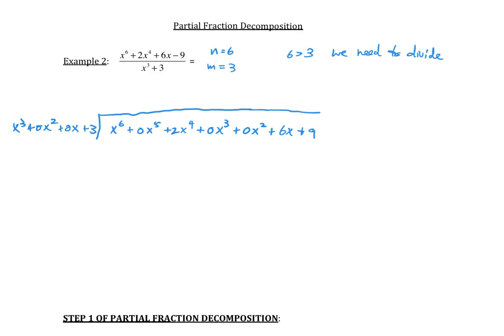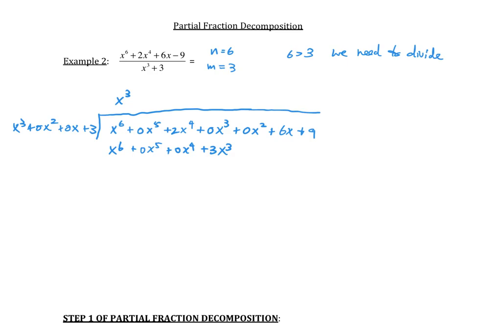All right. Now, I want to cancel out this x to the 6th term. So what do I need to multiply x cubed by to achieve x to the 6th? Well, I need an x cubed. Now I'm going to multiply the polynomial on the outside by the x cubed. I'm going to get x to the 6th plus 0x to the 5th plus 0x to the 4th plus 3x cubed.